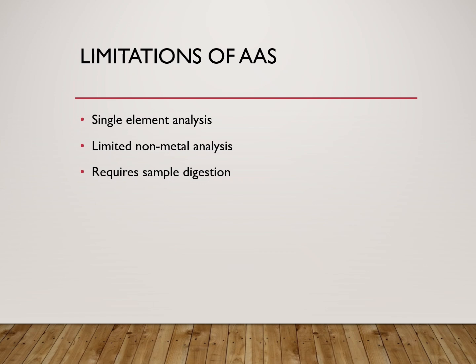Now we will discuss the limitations of atomic absorption spectroscopy. It has limitations such as single element analysis, as the cathode lamp used is mostly made up of a single element, so only one element is analyzed at a time. Other limitations are limited non-metal analysis and the requirement for sample digestion.